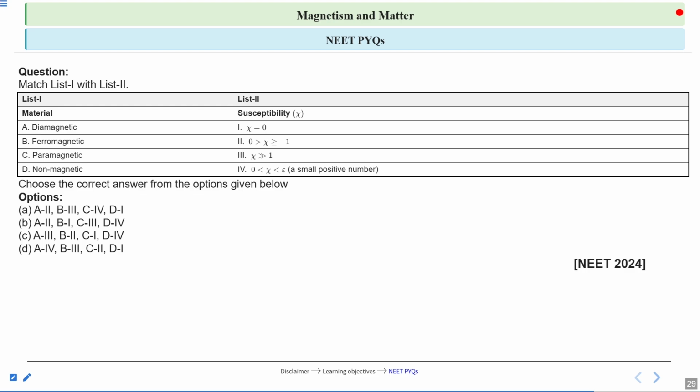Choose the correct answer from the options given below. Which matching sequence is correct? A with second, B with third, C with fourth, and D with first. This is matching the first list with the second list. Likewise, option B, C and D are given. I will give you some time to think about it and find the correct option.